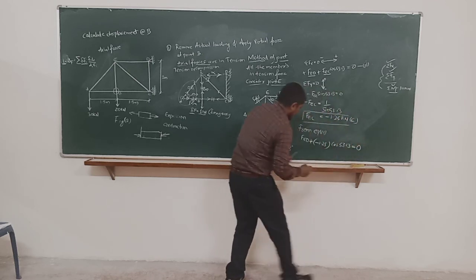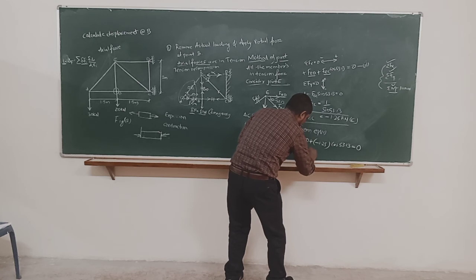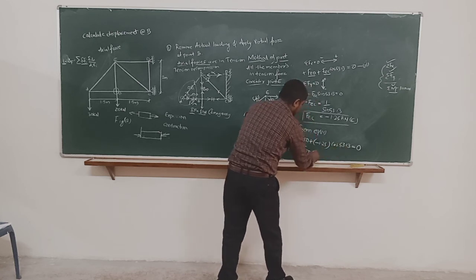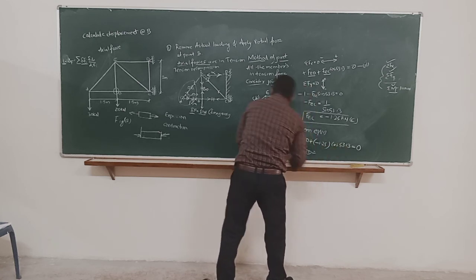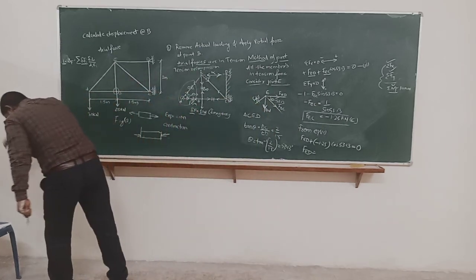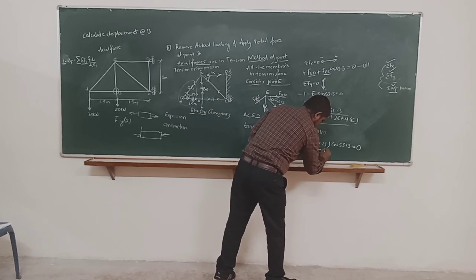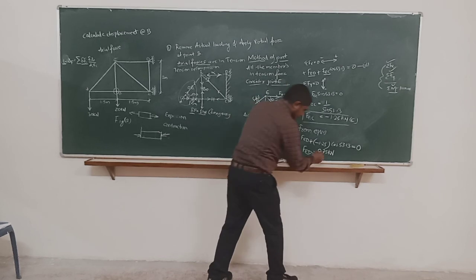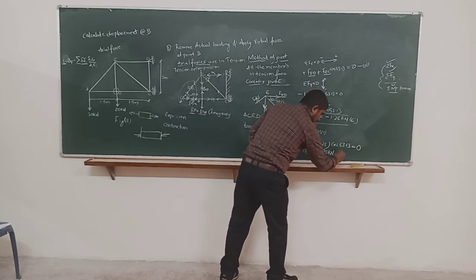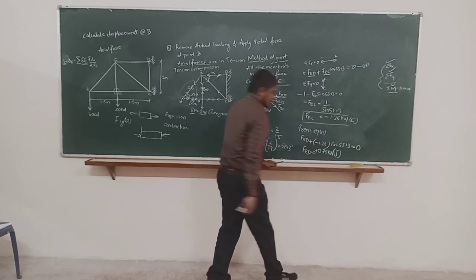We will get FED, just multiply this with this, you will get a positive answer. So FED will be 0.75 kN. We are getting the positive answer, which means it is in tension.